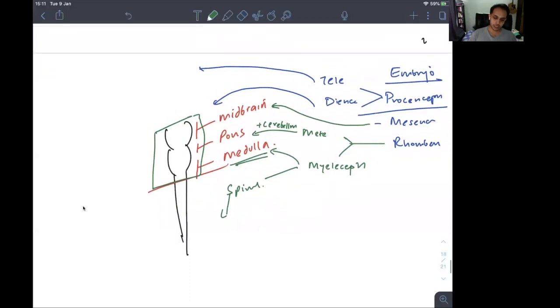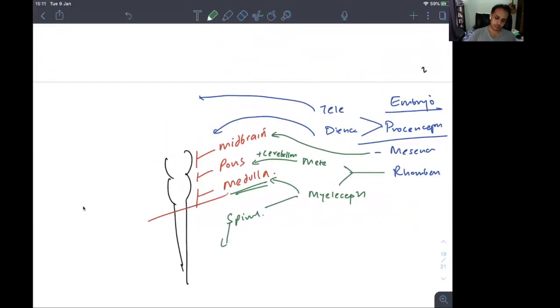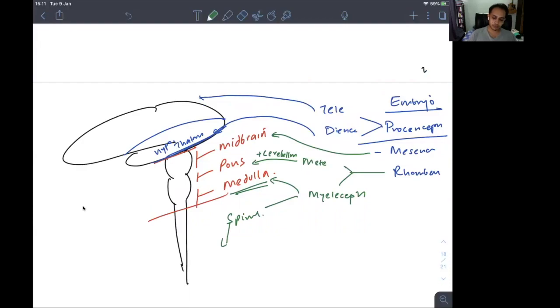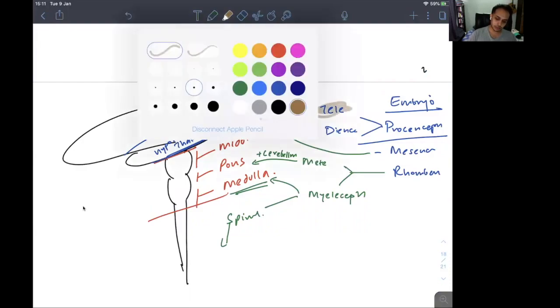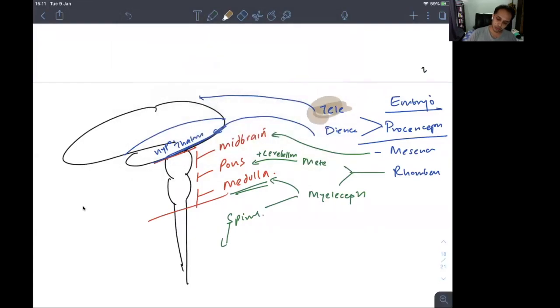Now the interesting thing is that in each one of these different parts of the neuroanatomy, you have a different CSF space. Since we have reached here, I'll just tell you, in the telencephalon, you have the lateral ventricles.